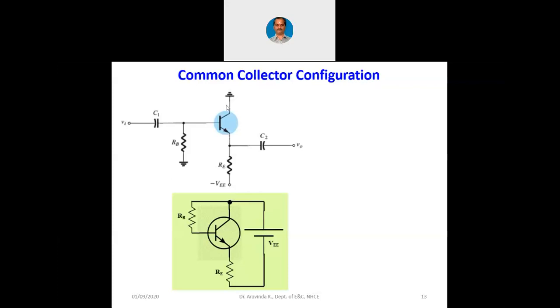I have been telling you in the earlier classes that ground is only a reference point for us to measure the voltages. Otherwise, we need not always think that ground is 0 volts. That is what is evident here now. Ground need not be 0 volts. Ground is the point from which we measure.